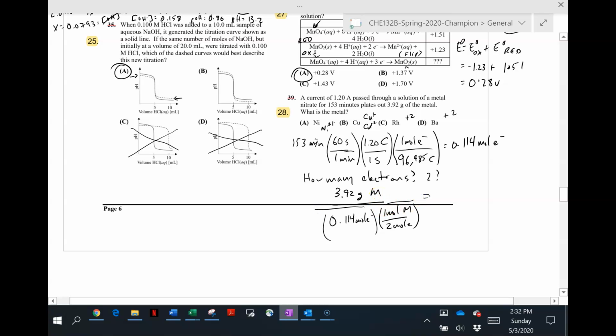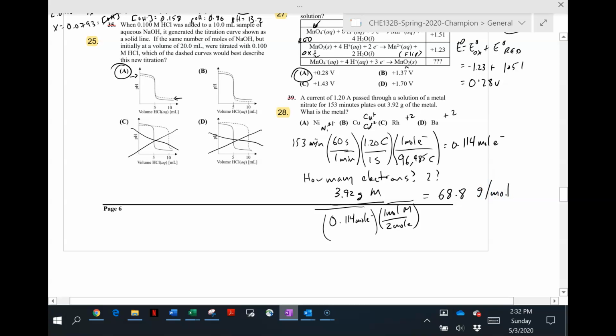So let's see what we get. 3.92 divided by parentheses 0.114 divided by 2 close parentheses. I get 68.8 basically, and this is grams per mole.